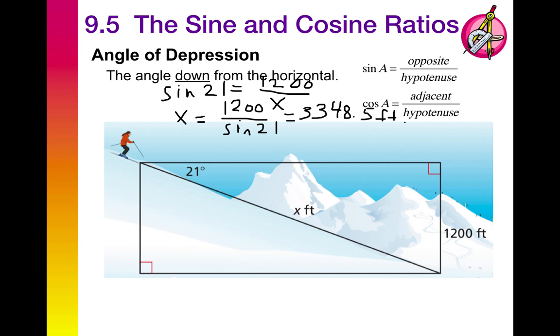So that's how far I'm going to be going down the slope, 3,348.5 feet. This is called the angle of depression, at 21 degrees. Depression is always based on whatever horizontal line I have and then the angle below that.